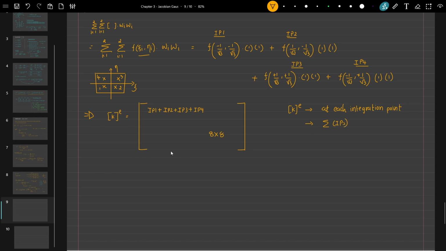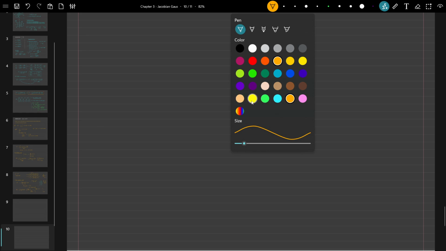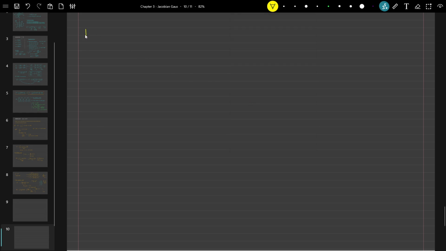With this understanding, let's try to understand the FEA steps which we earlier discussed. Now let's refine it more.